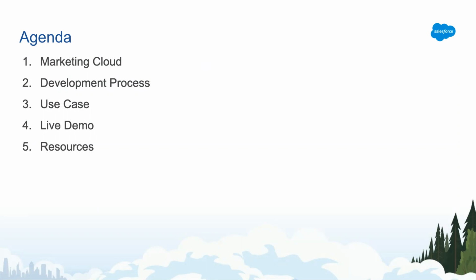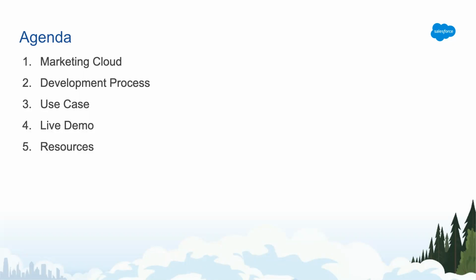I'm expecting that some of you have already gone through trails or have read about Marketing Cloud already. So I'm expecting that there's already a base understanding of what Marketing Cloud does. I will be guiding you through on a high level what the development process looks like.